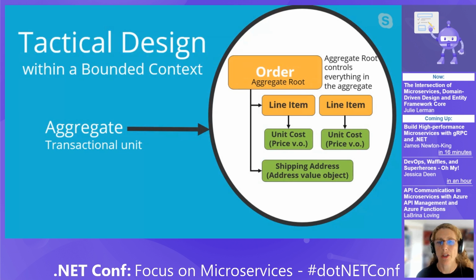So it knows about all the line items. And we also have value objects, and I could spend quite a bit of time making sure people understand value objects. You can go find other talks or articles or writing that I've done about that, but I just want to make sure you're aware that value objects are different than entities. They're a different kind of type, and you'll see some in the code that I'm going to be showing.